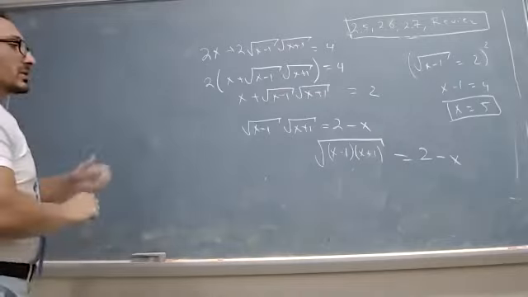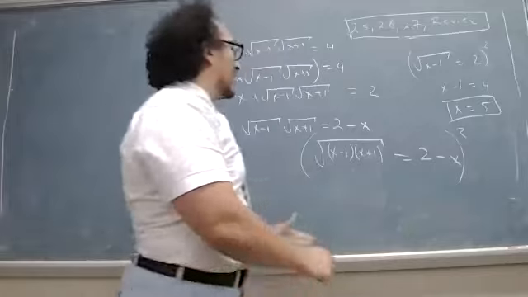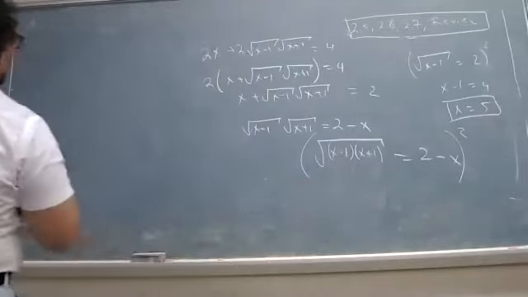Okay, so this is a great step to do because now I can square both sides. And now it's all under the same radical, so that radical can get squared and the radical will go away.